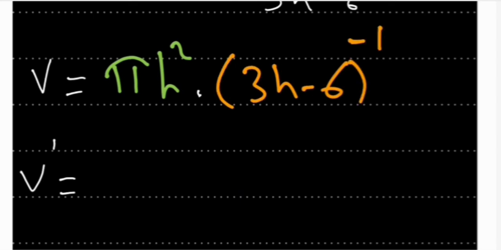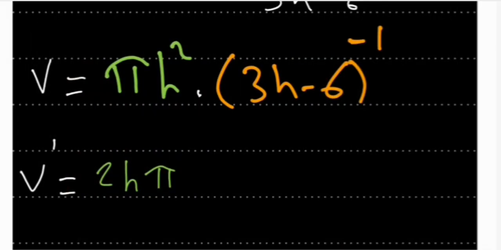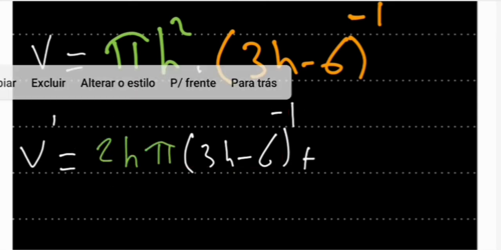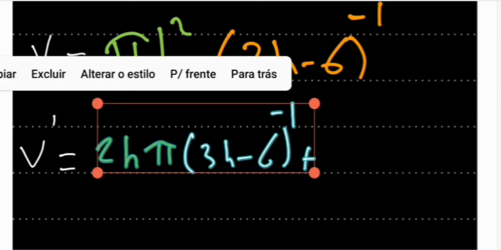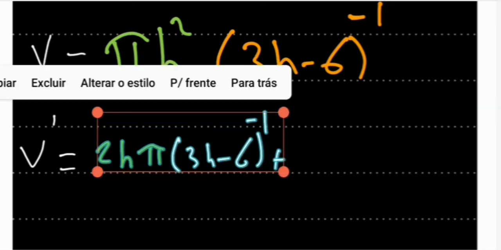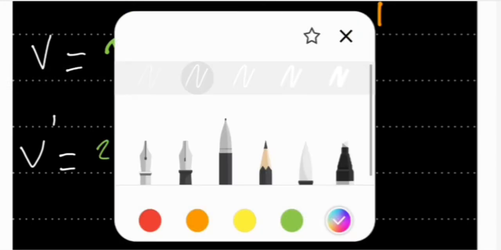So the derivative of the green will be 2hp, and then multiplied by the second one, just multiplied, so we won't have any color, so just multiplied by 3h minus 6 to the minus 1, and then we will have plus the derivative of the second part. So the derivative of the second part is in orange.